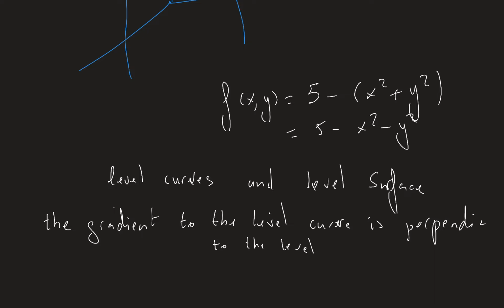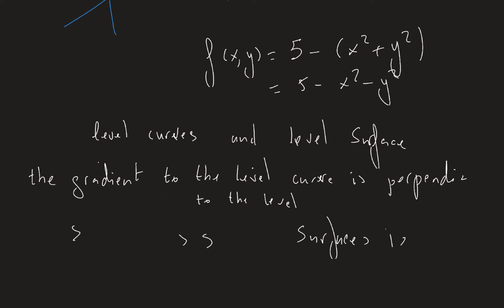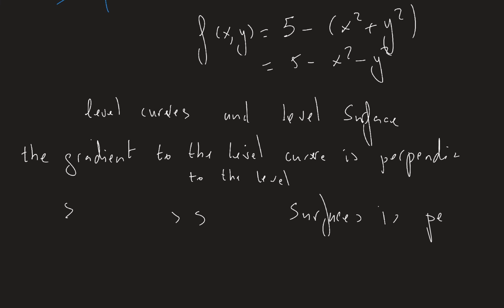And what we will see is that the gradient to the level surface is perpendicular to the level surface. What will this mean?